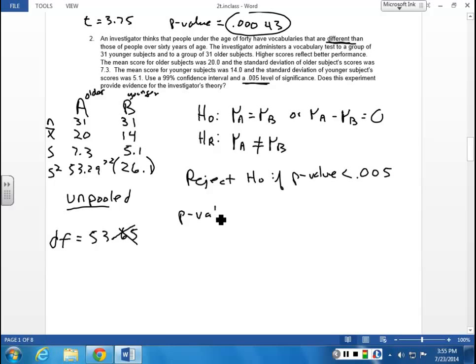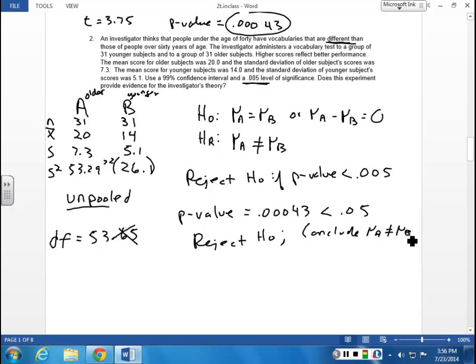And we have the p-value from our calculator. Whenever we have anything using the t-table, we will just use our calculator to obtain p-values. 0.00043. That is less than 0.05, so we will reject H0 and conclude mu A not equal to mu B. Be careful, you can't conclude greater than.